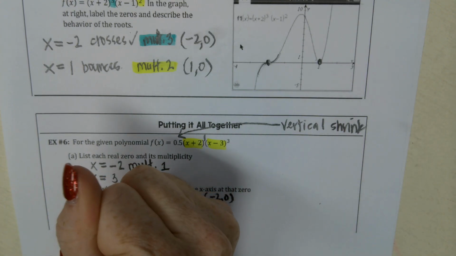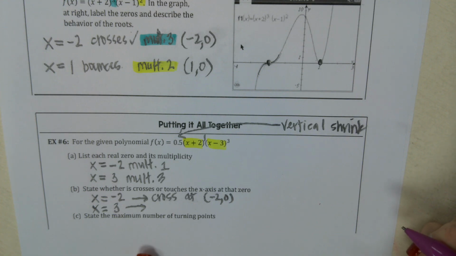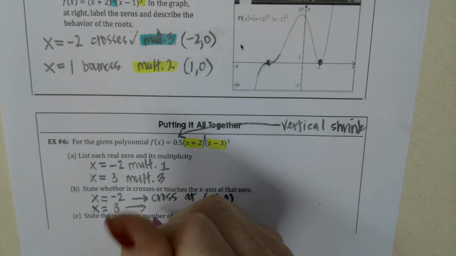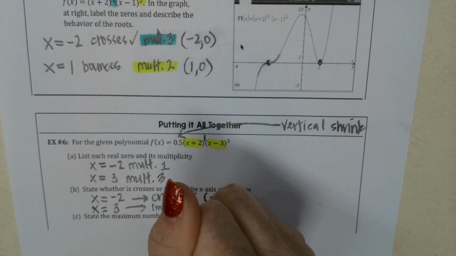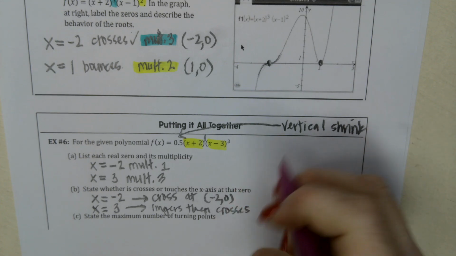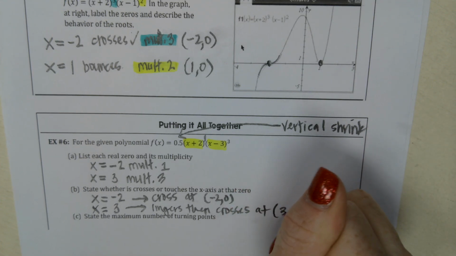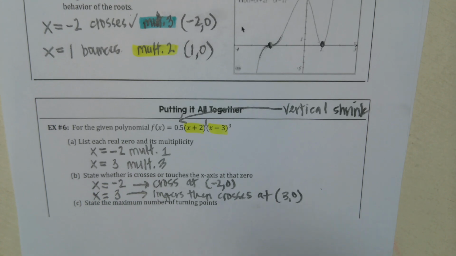And for x equals 3, what is it going to do? It's going to linger and cross, right? I'm going to say lingers, then crosses at 3, 0. Perfect. And then what do we know about the maximum number of turning points for this?